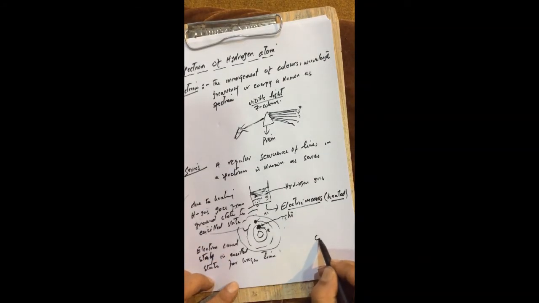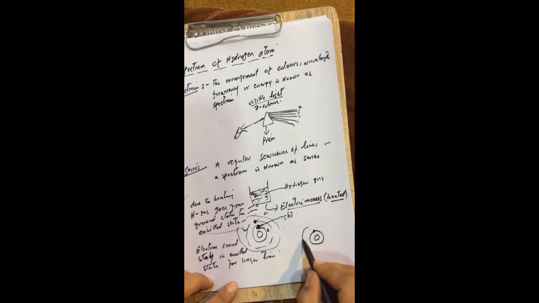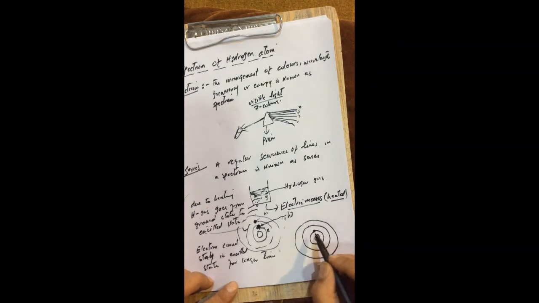Like if we have hydrogen atoms, and this electron which is in the K shell absorbs some electromagnetic radiation, suppose it moves from this ground state, the K shell, to an excited state, the M shell.